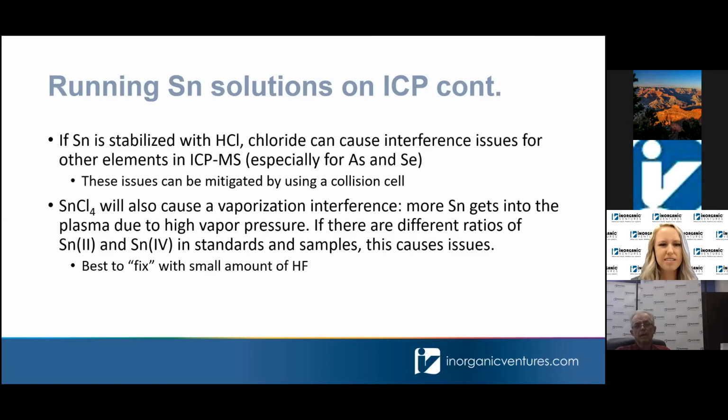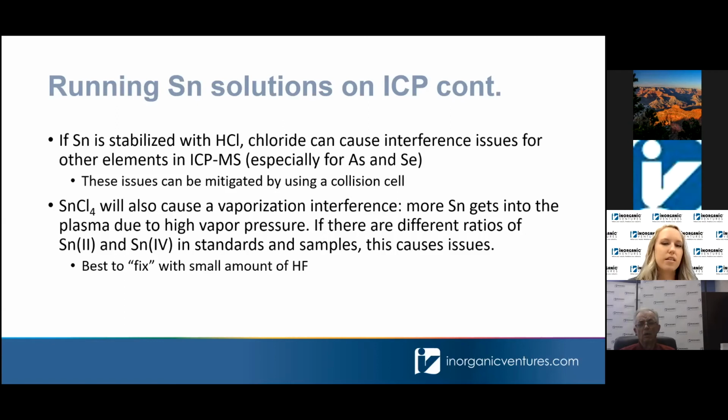Another concern is if there are different ratios of tin-2 and tin-4 in your standards that are stabilized in HCl, you're not going to get very good results. If you have a higher amount of tin-4 in your standards than in your samples, you're going to get low results for your samples, because more tin is going to be getting to the plasma from analyzing your standards.